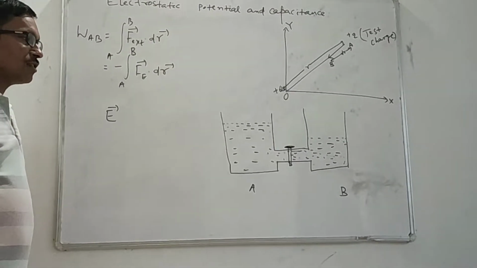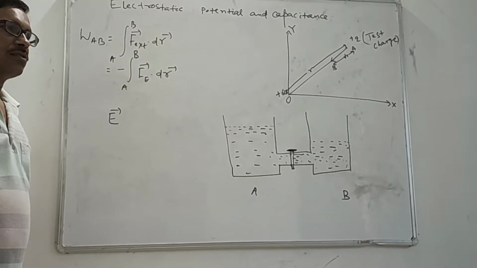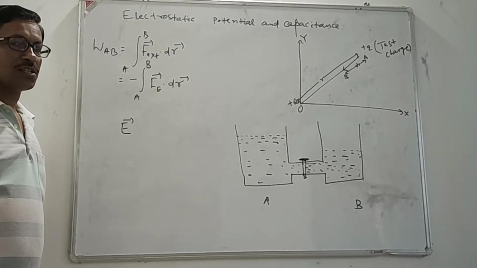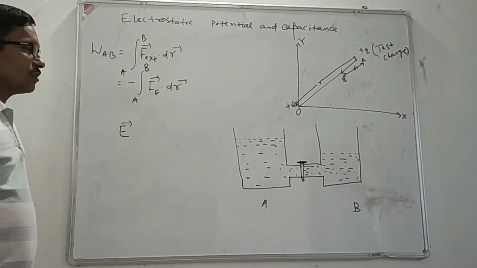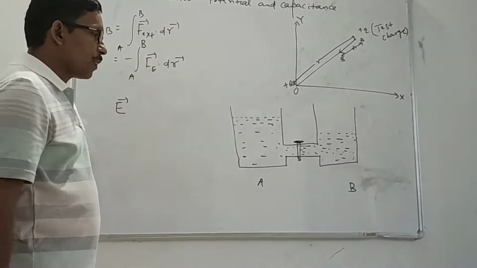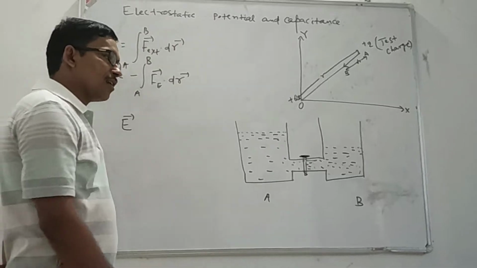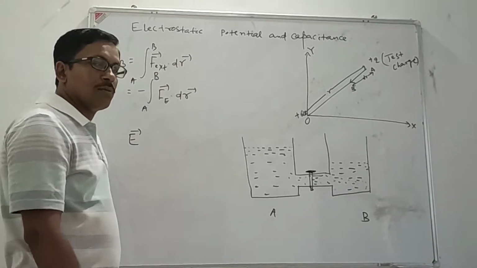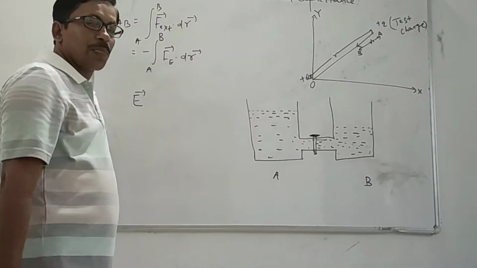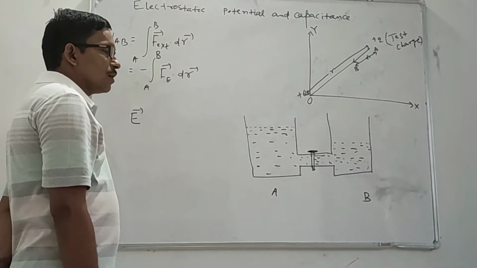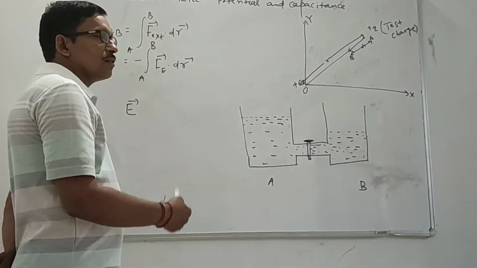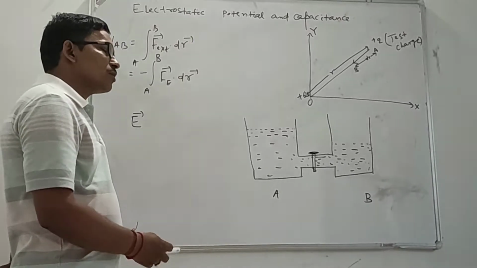Before defining it, I will give some analogy by which you can understand better what is electric potential. Let us take two beakers A and B which are filled with water. In beaker A, water is at a higher level, in beaker B, water is at a lower level, and the flow of water is stopped by a stop cock. When you open the stop cock, the water flows from beaker A to beaker B. Why is water flowing?